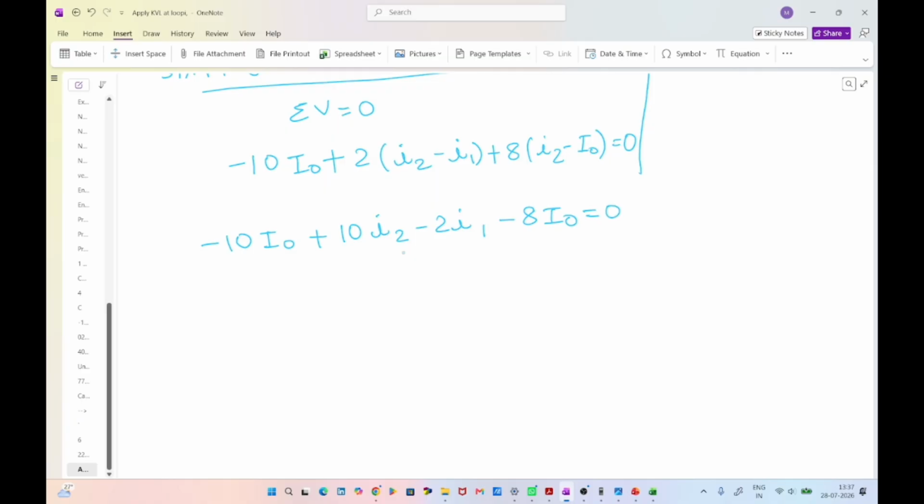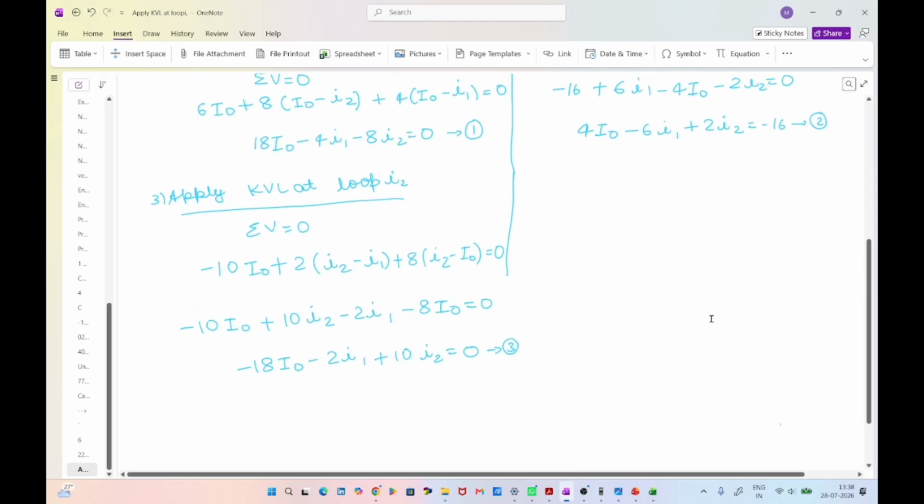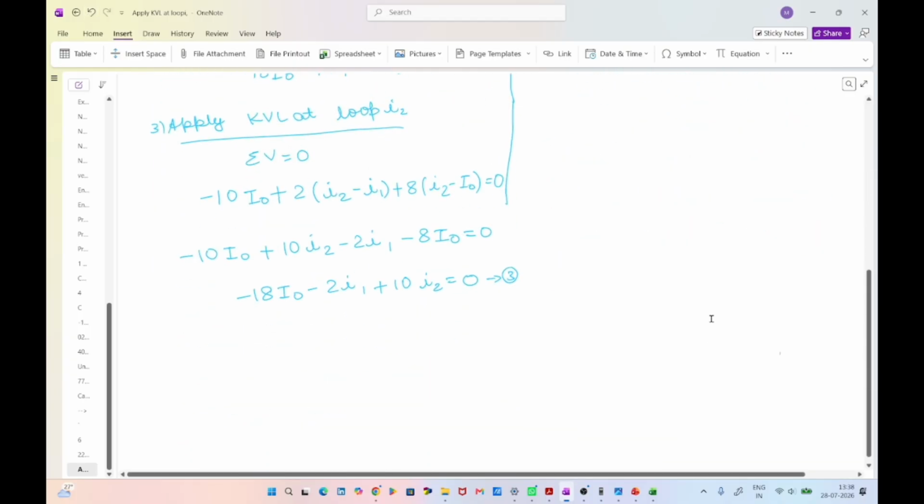That is minus 18 I naught minus 2 I1 plus 10 I2 is equal to 0. Let us consider this as equation 3. Let us write equations 1, 2, 3 here.